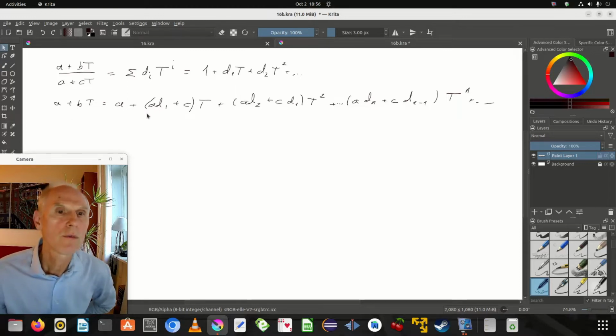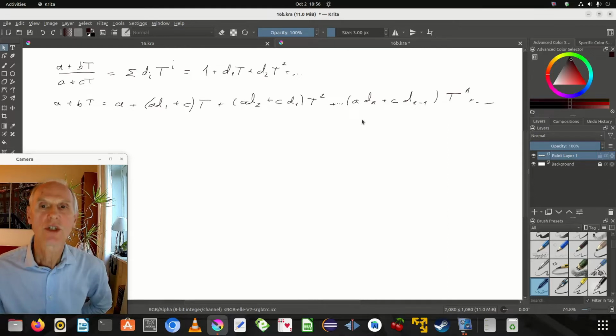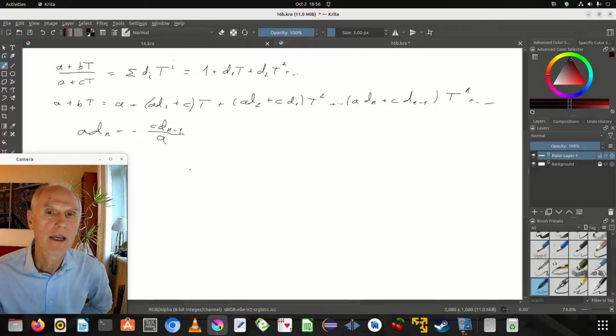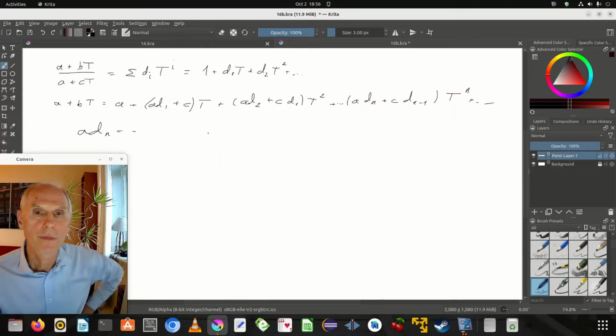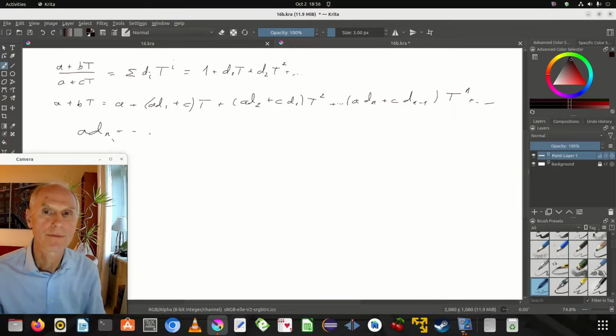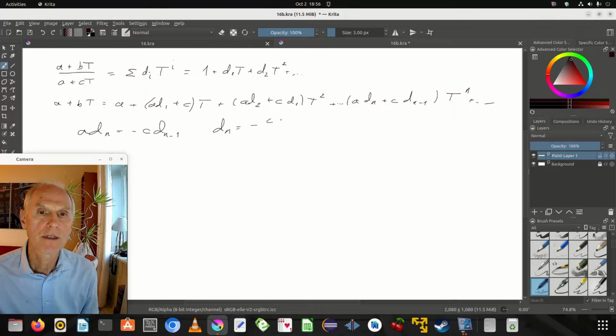This gives a formula for computing d1, and this must vanish, as must all of these, leading to a dn equals minus c dn minus 1, so that dn becomes minus c dn minus 1 divided by a.